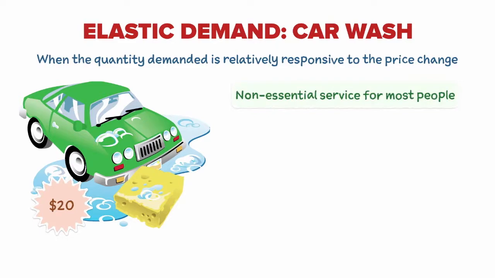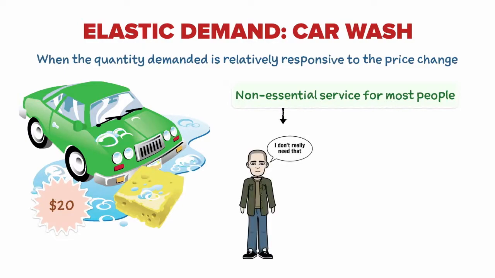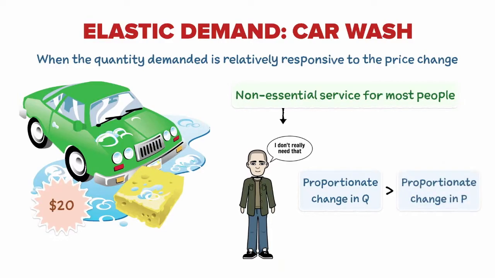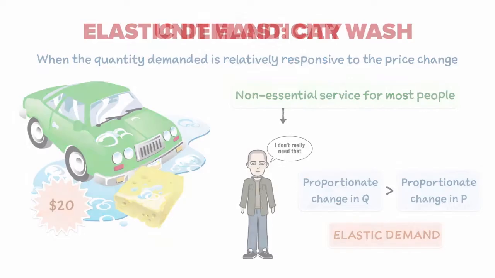Because getting your car washed is probably a non-essential service for most people, and you could probably wash your car yourself if you really needed to, people might decrease their demand significantly for this service. To describe this process, we say that if the change in quantity demanded is proportionately greater than the change in price, then the good has elastic demand. So that's inelastic and elastic demand for you guys.